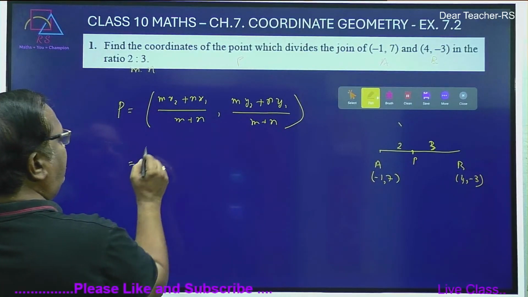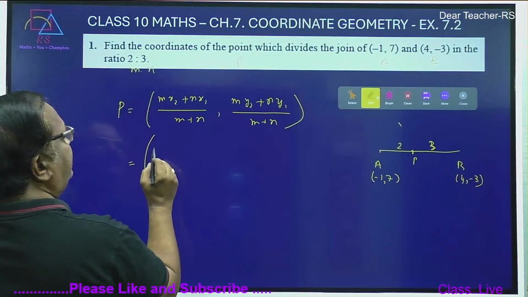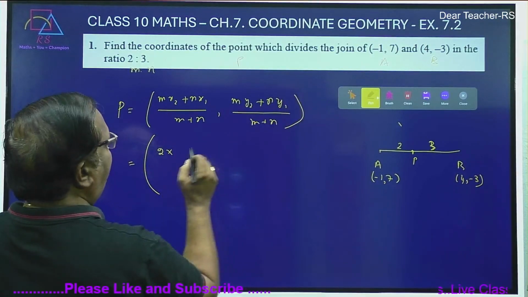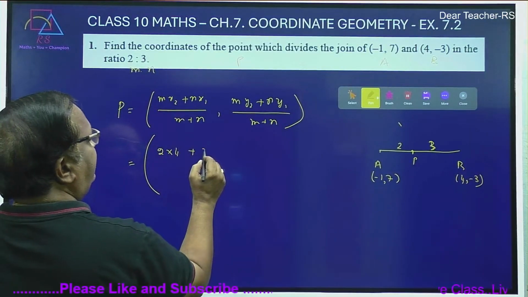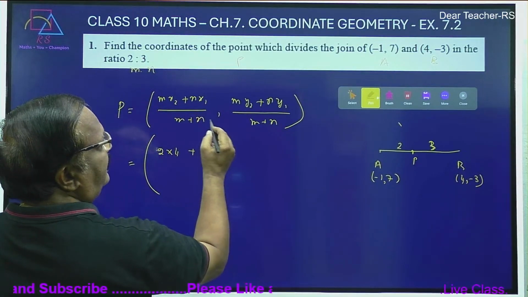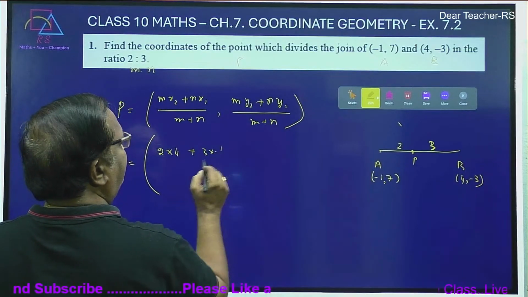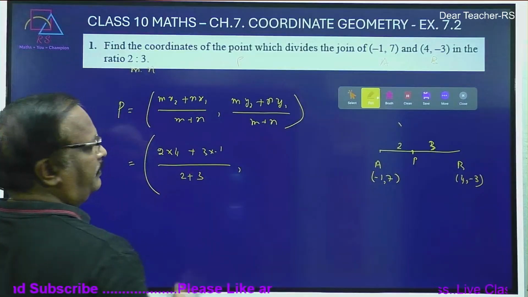So now let us substitute the values. m is nothing but 2 into x2 is nothing but 4 plus n is nothing but 3 into x1 is nothing but minus 1 by 2 plus 3 comma.